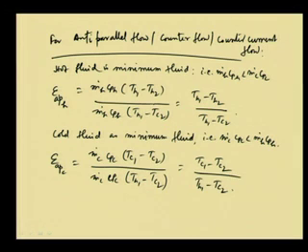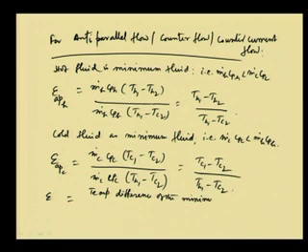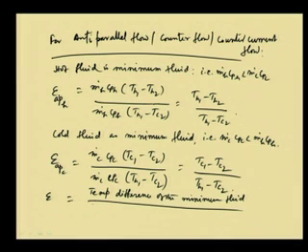Finally, if you just see all the 4 cases whatever we have discussed, it is nothing but the temperature difference of the minimum fluid divided by the maximum temperature difference in the heat exchanger. So, finally, we can say that effectiveness E equals, in any of the cases, the temperature difference of the minimum fluid divided by the maximum possible temperature difference in the heat exchanger.